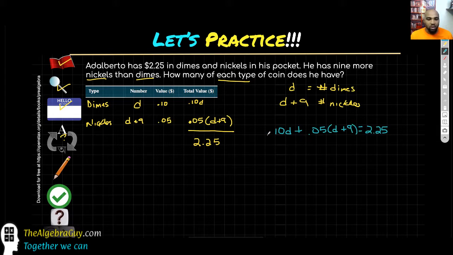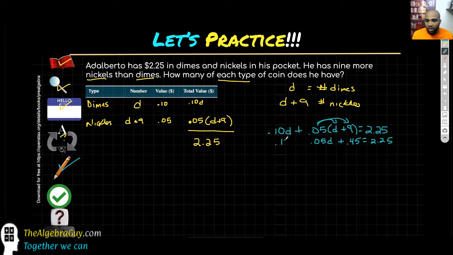All right, so now we begin to solve it. So how do we find what the D equals? We're just going to try to simplify this. First, I see I can distribute this 0.05 to both of these terms here. So that's going to give me 0.05D plus, looks like 0.05 times 9 is going to be 0.45, and that all equals 2.25.